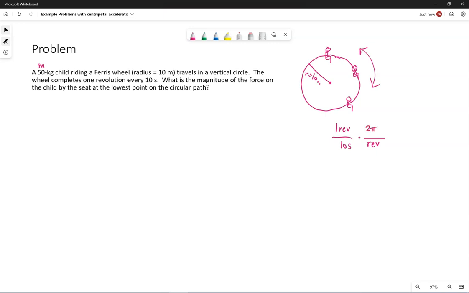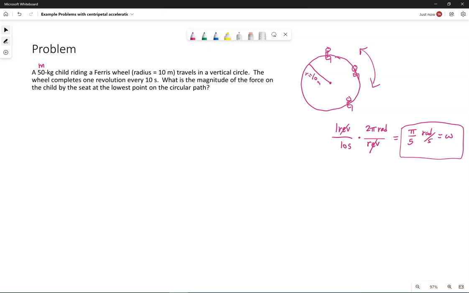So one revolution would be 2 pi radians. So we're saying pi over 5 radians per second. This is our angular speed. You can think of it as well as a rotation rate. It's telling us the number of radians per second made by this Ferris wheel.